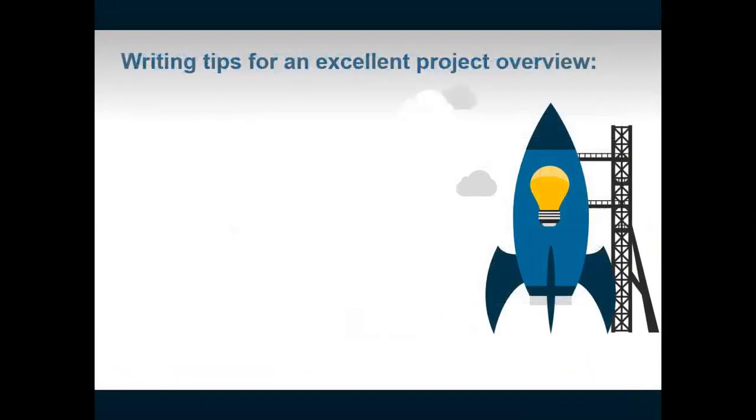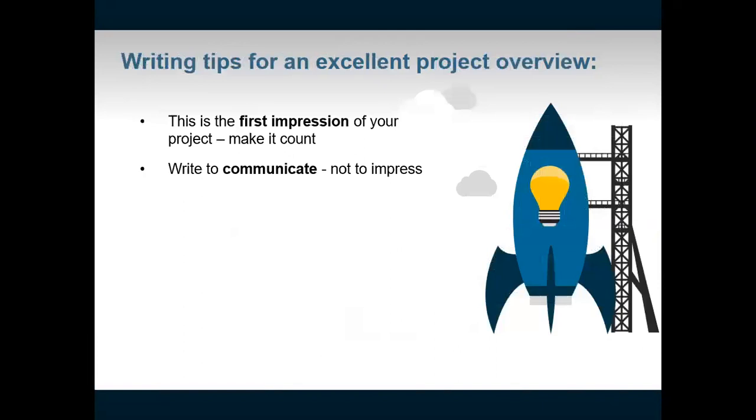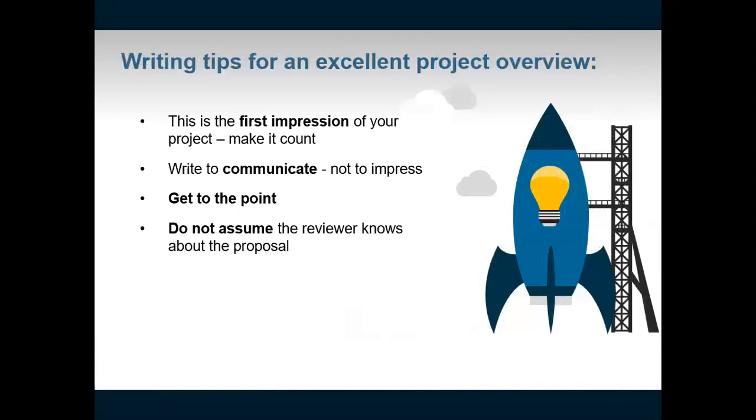So with this section of the grant application, writing tips for success, you remember that this is your first impression of your project. So you really just want to make it count. Again, you want to write this particular grant to communicate, not to impress. It's really important to get to the point and make sure that you're clearly articulating what your project is, what the unmet need is that you're trying to address, and how your project is a solution to that.